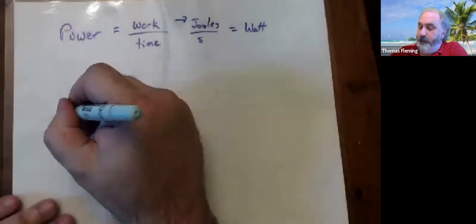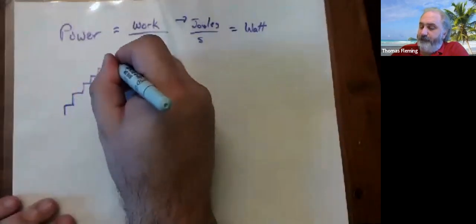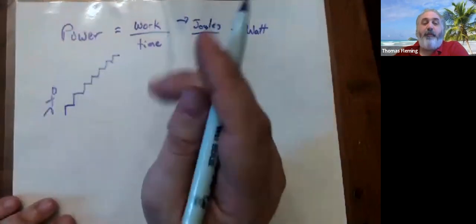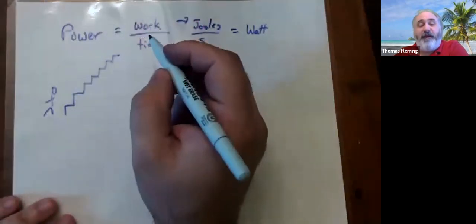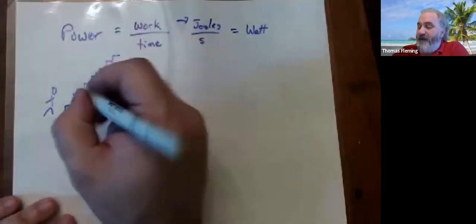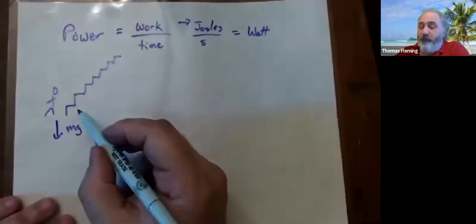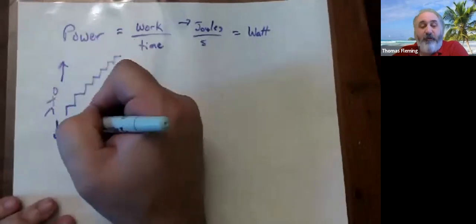Well, here's a flight of stairs. And in order for you to get up those stairs, you're going to have to provide some kind of force. And even if you go up the stairs at a constant speed, what's going to happen is gravity is pulling you down. And so you'd have to provide a force upward that is at least as big as gravity.